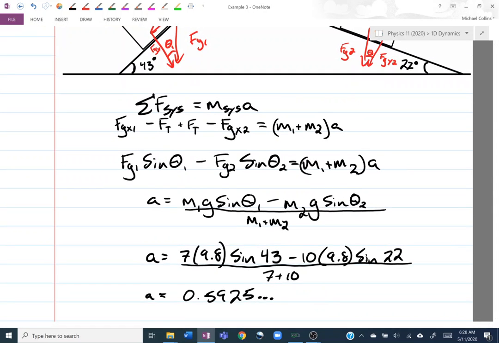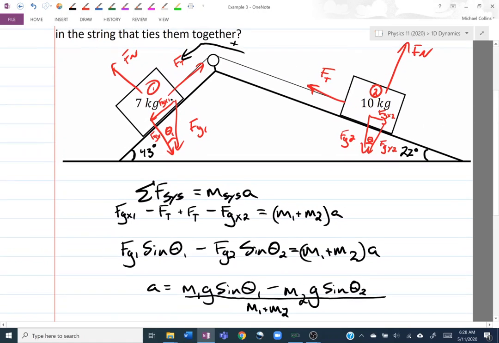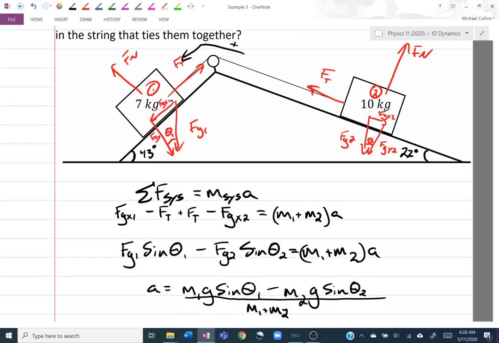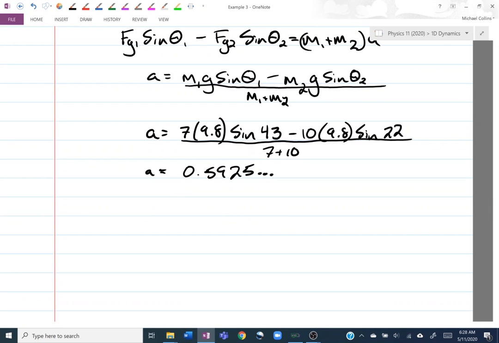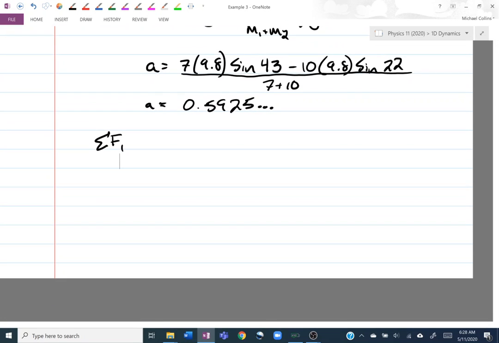So then to find the tension, I could either look at box 1 or box 2. I've arbitrarily decided to look at box 1, so that I've got an Fgx1 and an Ft. If I look at the sum of my forces on box 1, I'm running out of space, so I've got to be careful, is equal to m1a. The forces, which I just talked about, are an Fgx minus Ft is equal to m1a.